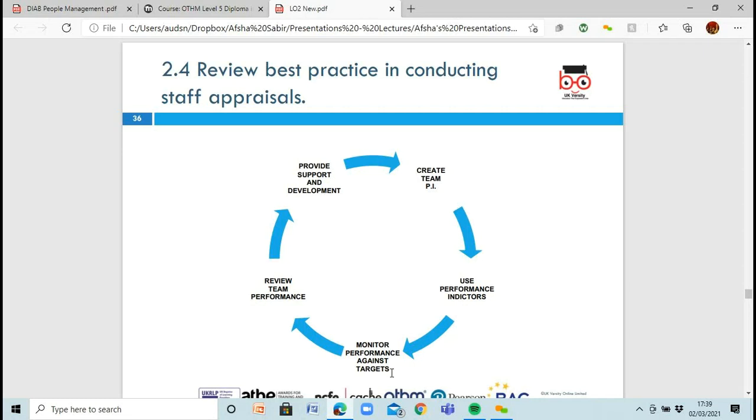You'll monitor your performance against your targets, then you'll review your team performance, and then you'll provide support and development. And then once you've reviewed it, you're providing development. This might lead to you changing the performance indicators or the objectives or the targets that you're actually working towards. So you might do this every couple of weeks, you might do this every 6 months or every 3 months. It really is just an ongoing process.